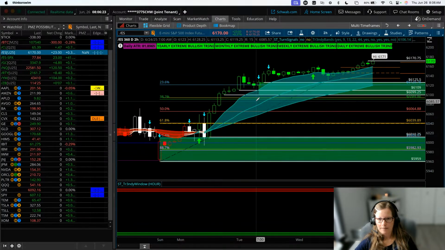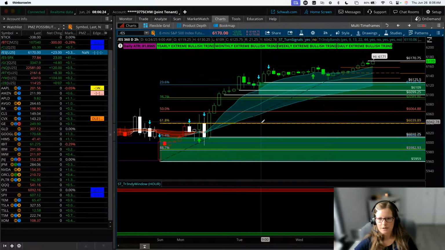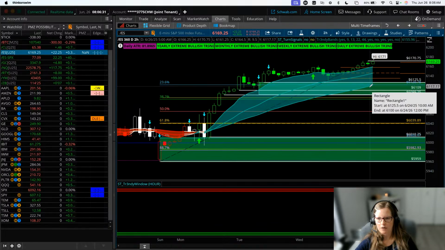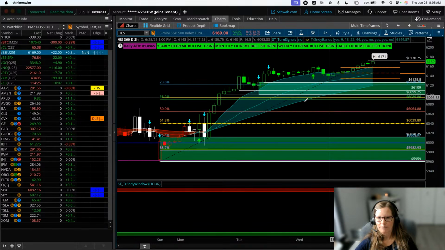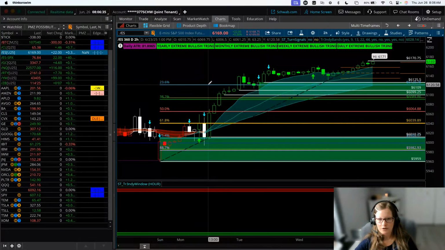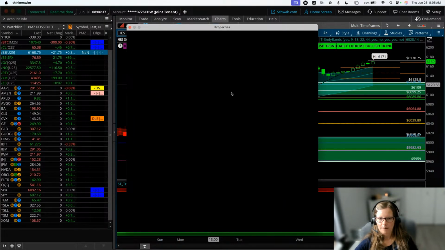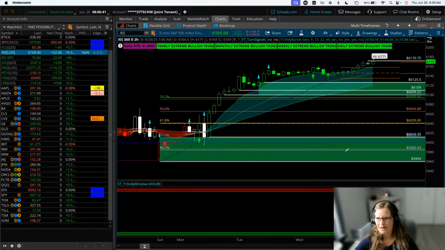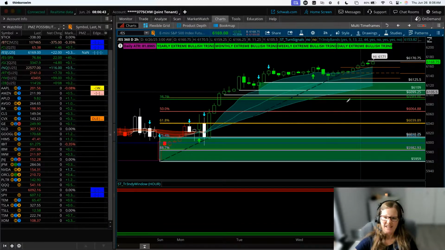So I am paying attention to this primary, and I can see here that the 236 or the top of the bull channel is inside of my zone, and the 382 is just below it. I'm going to remove that 236 because it just makes that zone messy, and I don't like that.